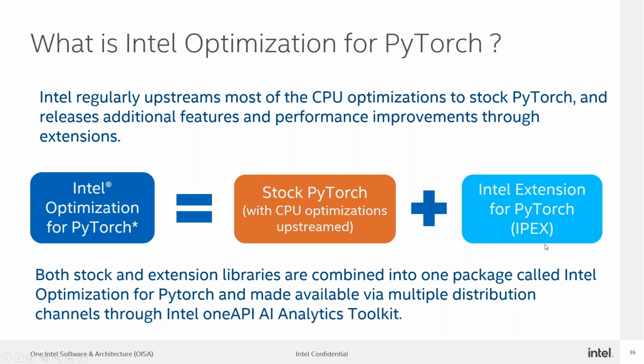Both are combined into one package called Intel optimization for PyTorch, and we made it available via multiple distribution channels through the Intel oneAPI AI Analytics Toolkit. So if you install the AI Analytics Toolkit of oneAPI, then you will have both of these binaries by default.